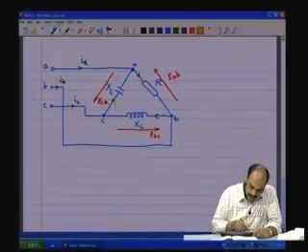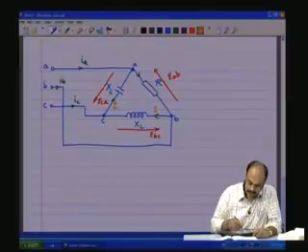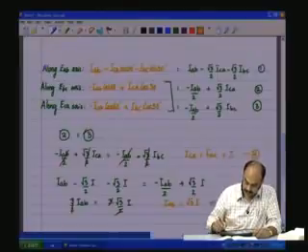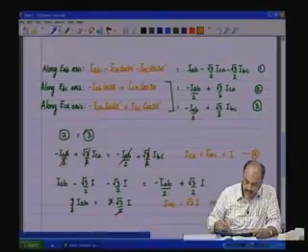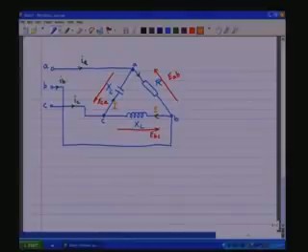So, here I is flowing, here also we have I, and here we have I_AB, which is root 3 times I. So, we have root 3 times I. This is I_AB.